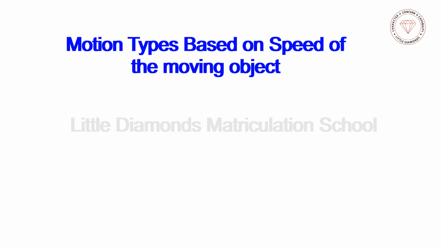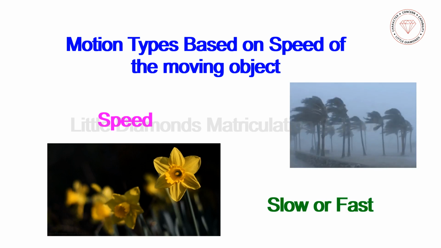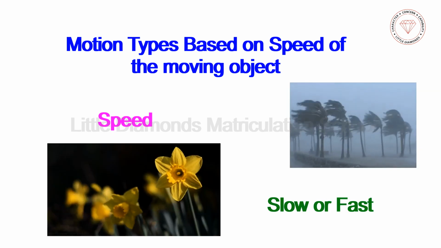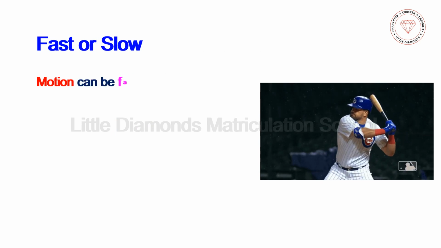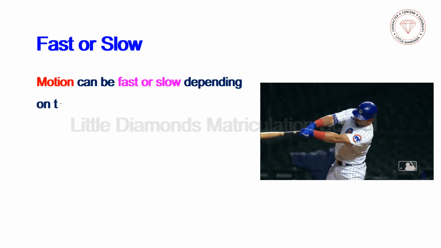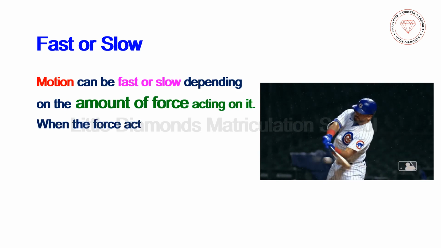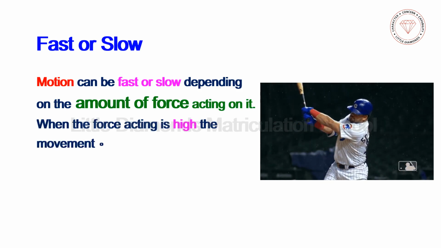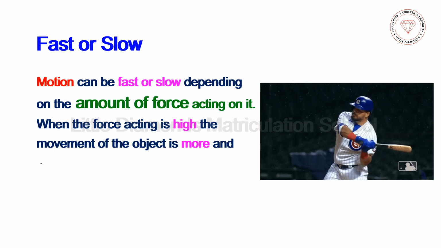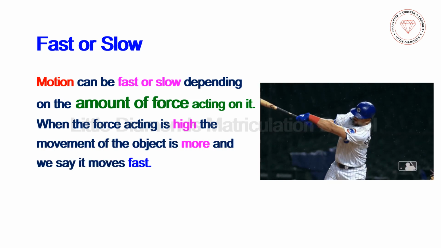For this, you must first understand what is speed and when do we say it is slow or fast. Fast or slow. Motion can be fast or slow depending on the amount of force acting on it. When the force acting is high, the movement of the object is more and we say it moves fast.